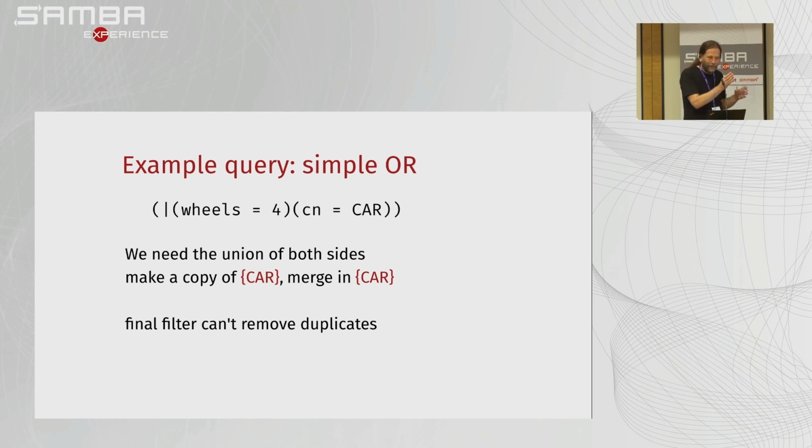You can't really have duplicates in your result that you're sending to the filter, because the filter doesn't have a state that remembers that it's seen the one already. So you kind of have to do this merging, which they do by sorting each side. In classic mode, you have to sort each side before you do it, and then you merge them like the merge step in a merge sort, which just means you take the lowest one from whichever list you've got until you can complete it.